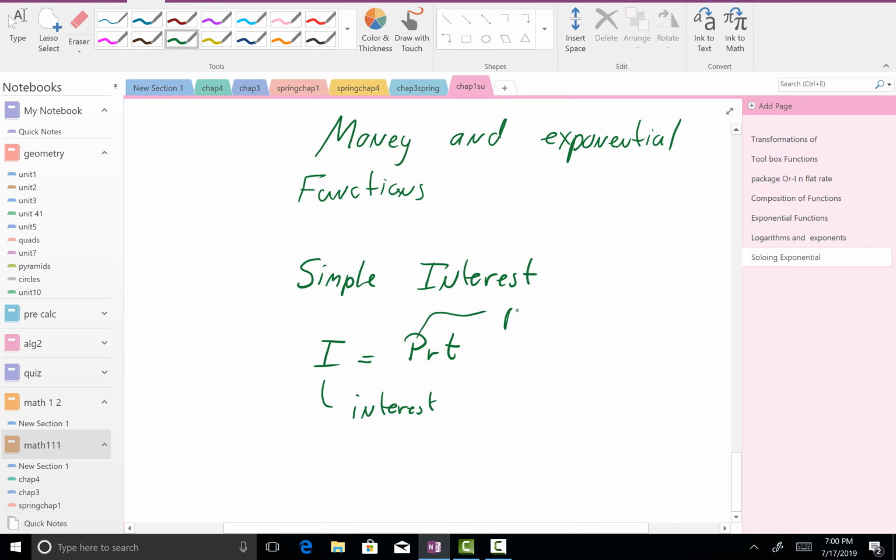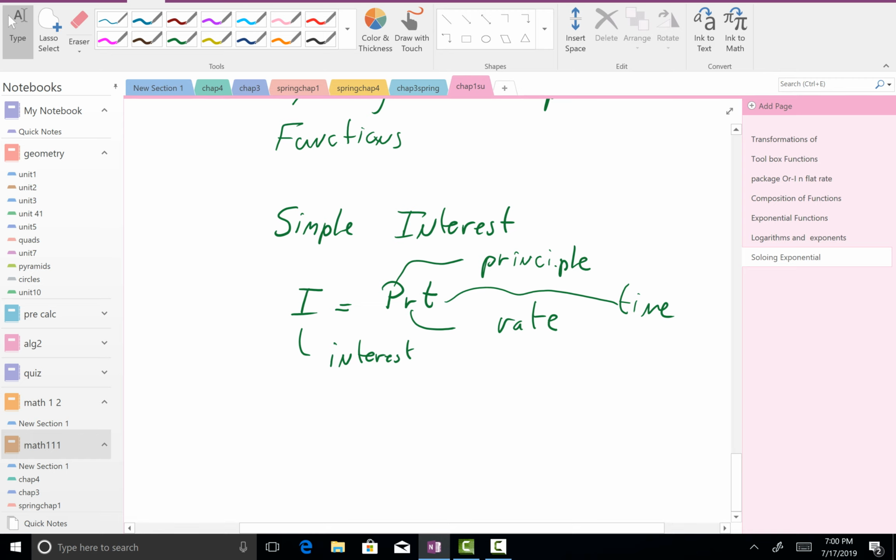This is the principal. And this is the rate. And this is the time. All right? Okay. So that's like the very simplest interest.